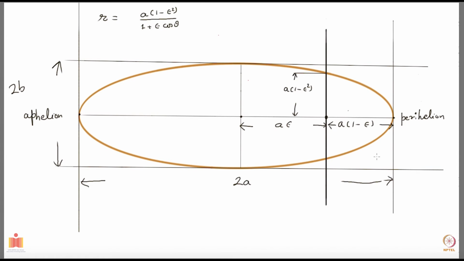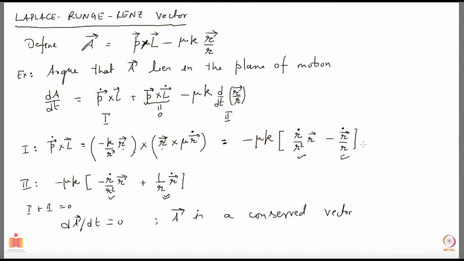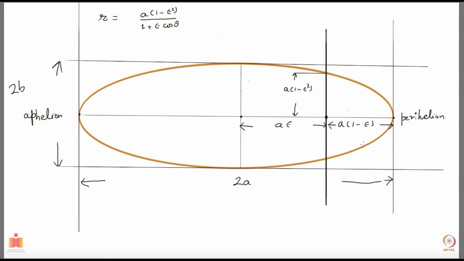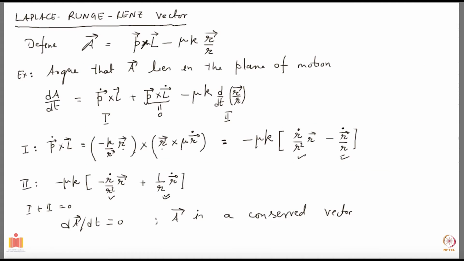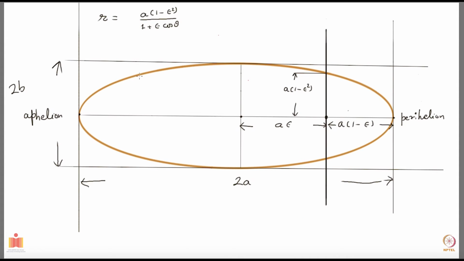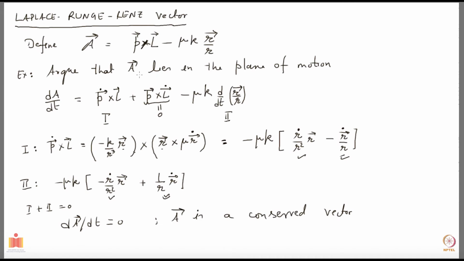Okay, now we want to know the magnitude of A. So you can choose any point in the orbit and try to calculate the vector A. So you find out what is the momentum at that point. Let's say you choose the point to be here. Okay, so you should find out what is momentum there, and angular momentum is anyway fixed, so there is nothing to get from the orbit.